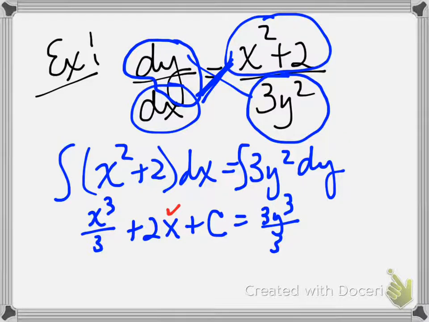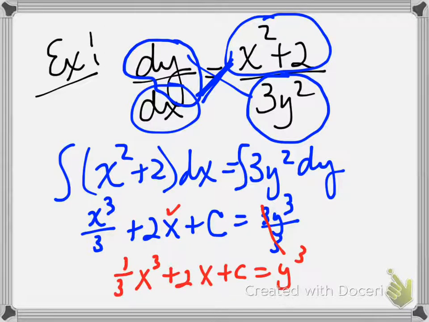Now this problem is mostly done. We just want to try to get the y by itself. So I am going to divide the 3's out. So that's going to give me 1/3 x to the third plus 2x plus c equals y to the third. To get rid of the third power, I'm going to do the cube root on both sides. Now this is a big old cube root on the left side.